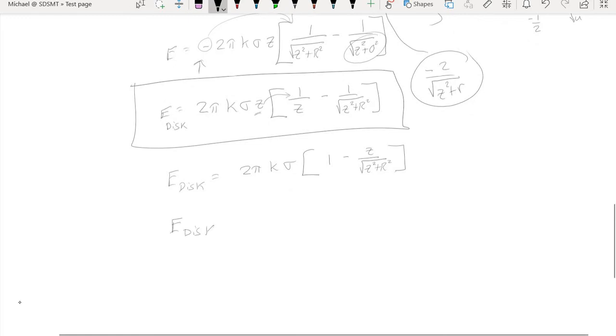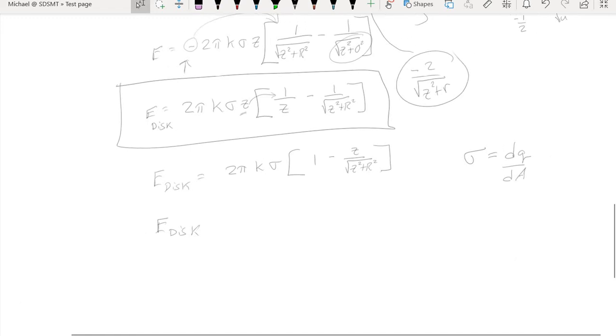And now we can play the what if game, in addition to bringing back sigma. You'll remember at the very beginning, sigma was there to help us describe how the charge was distributed over the area of each individual ring segment.